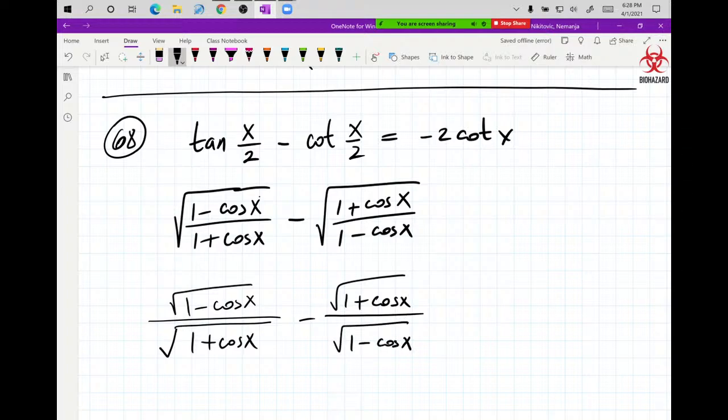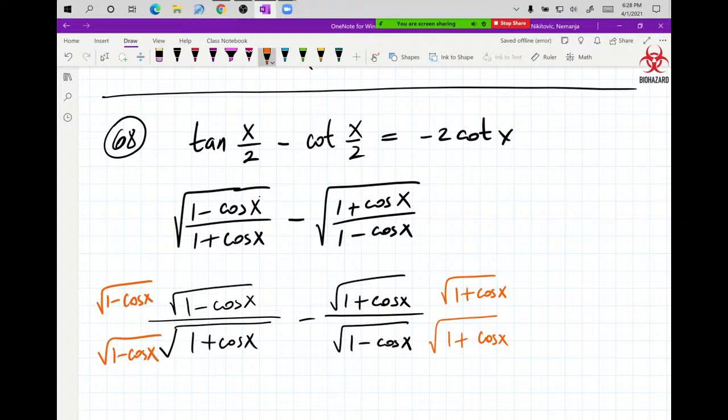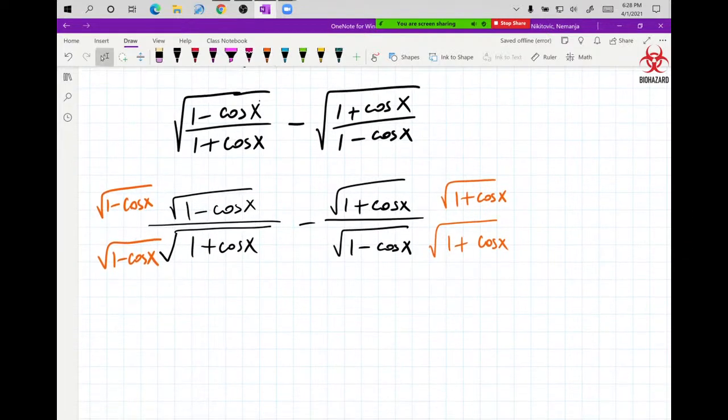But then we multiply by the square root of 1 plus cosine x and 1 minus cosine x so that we can have a common denominator.